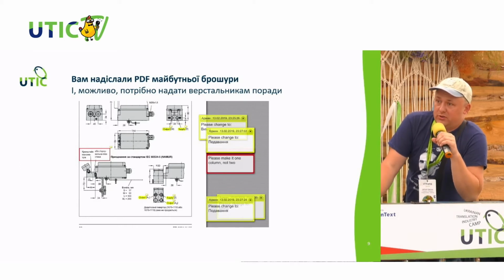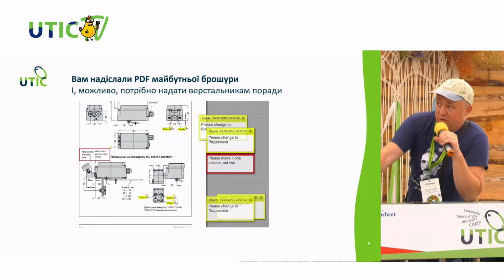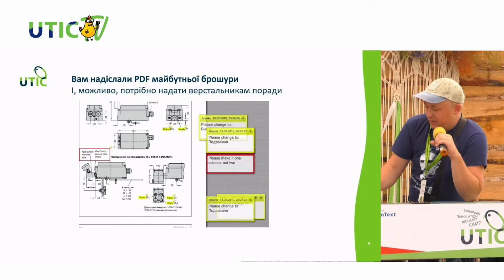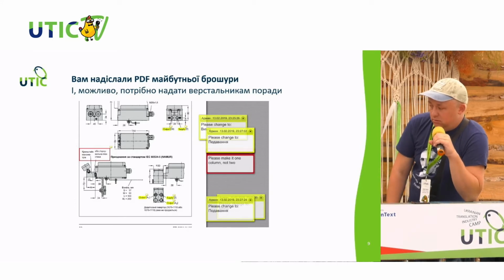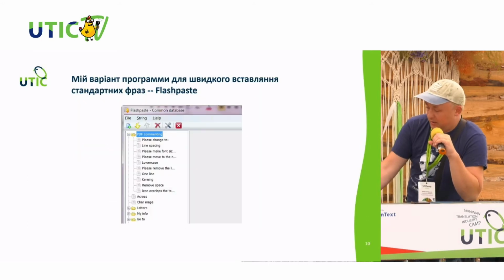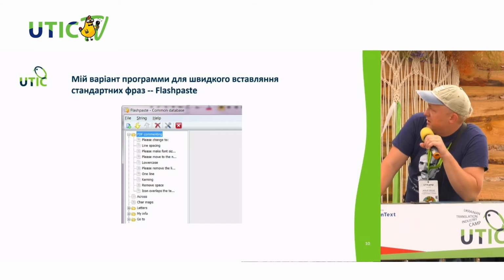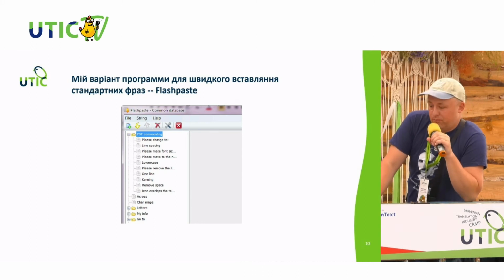There is specialized software which uses shortcuts. The best of them would be Phrase Expander. I'm not scared to take the less easy path. FlashPaste is my choice. I have created this folder with PDF commenting. Practically every standard phrase is there.